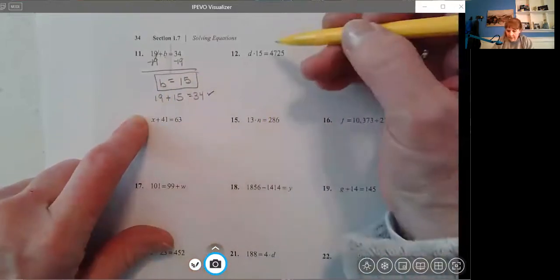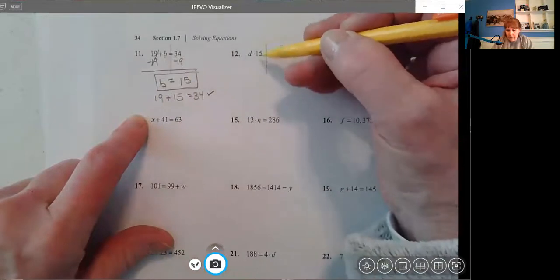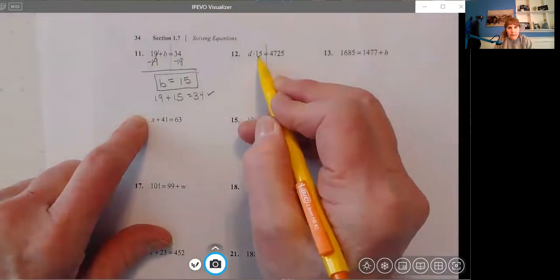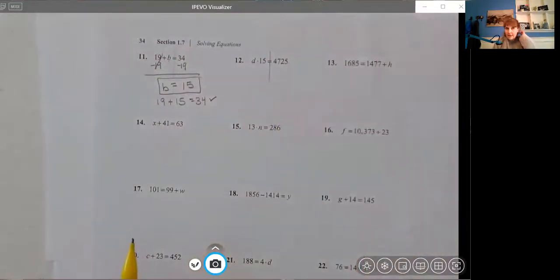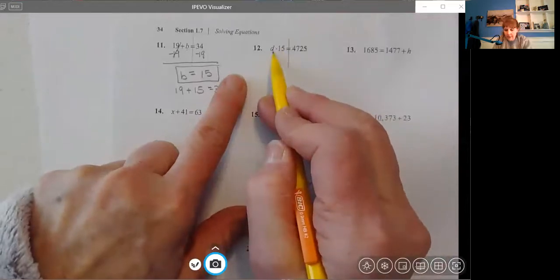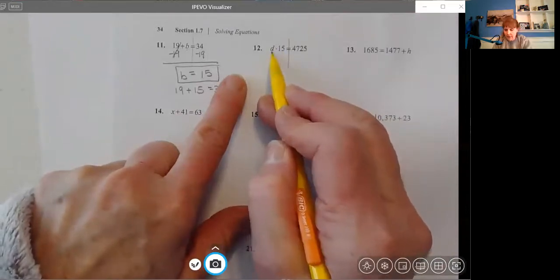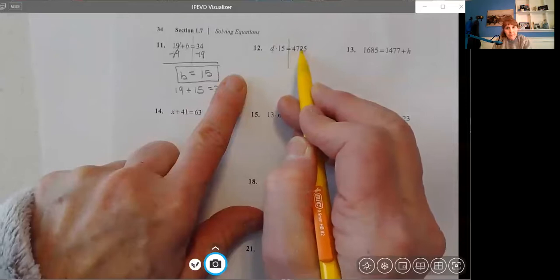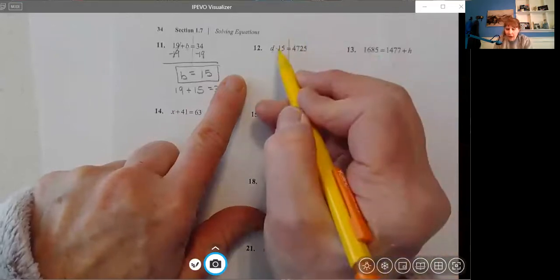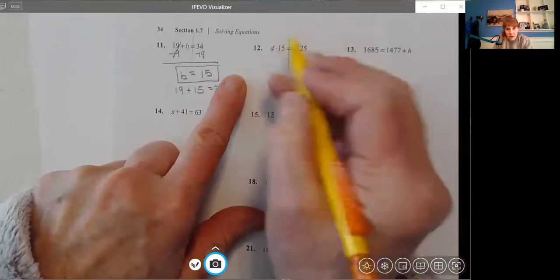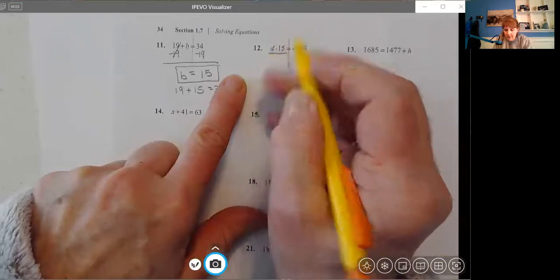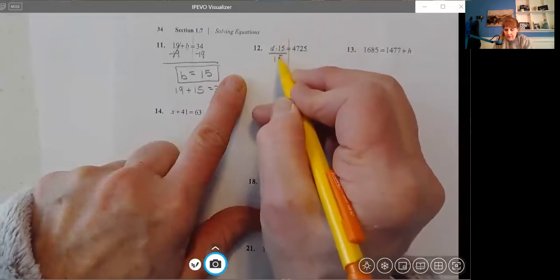Number 12. The d, our variable, is not by itself. I have d times 15. Now we've kind of already talked about this. What we're asking for is we're missing a factor here. D represents a factor of this. To find a missing factor, we would divide. So again, thinking of it as solving an equation, if it's times, the opposite operation of multiplication is division.